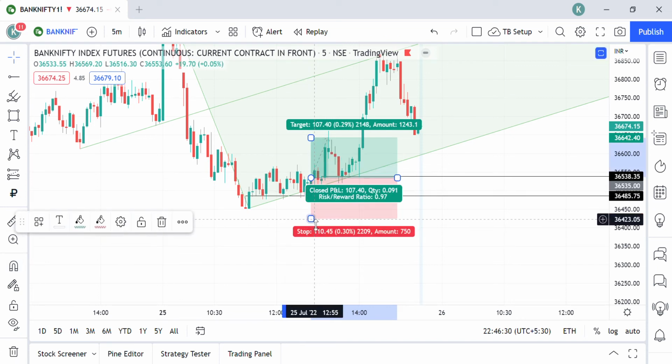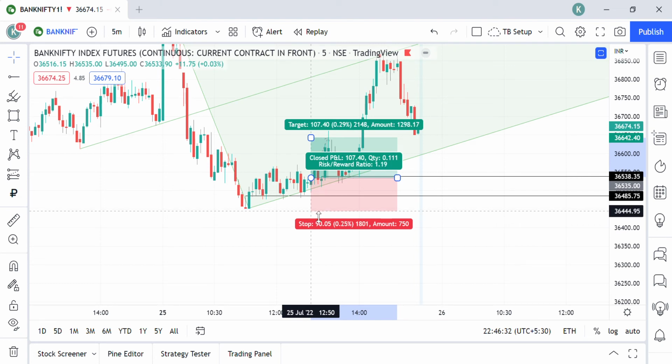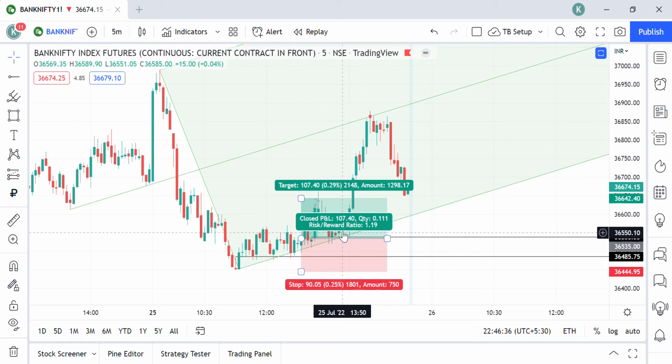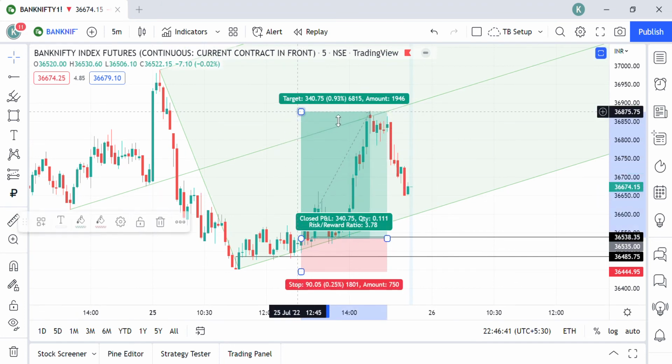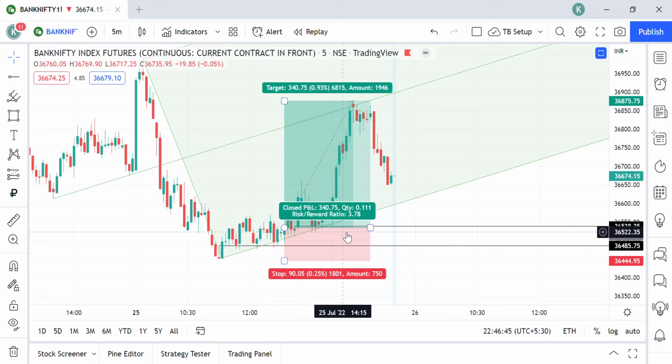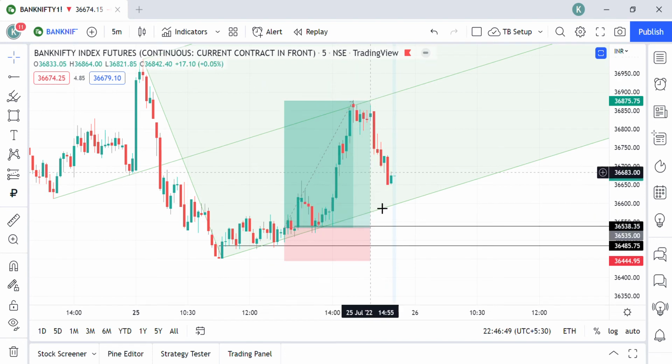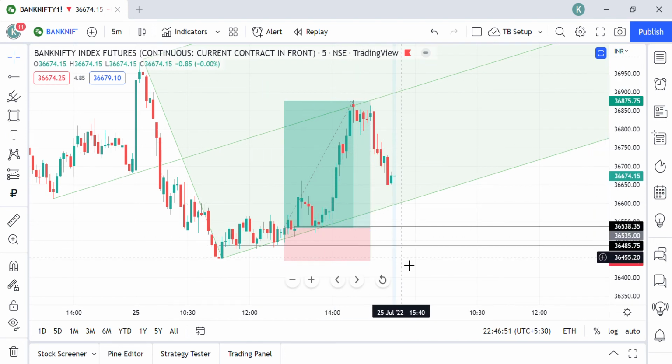To have an extra layer of protection, we have kept a stop loss point here, and let us see if price touches this level. So this trade is rendering a 1:3.78 risk reward ratio, which is exactly what we are looking for in any trade.